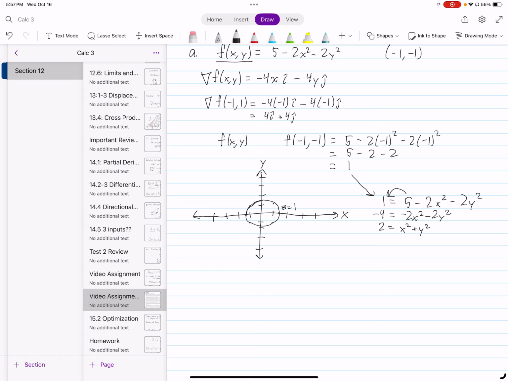And then we should draw the perpendicular vector starting from the point negative 1, negative 1, and going in the direction of the perpendicular vector. That is going 4 up, so 1, 2, 3, 4, and 4 across, 1, 2, 3, 4. So that'll be like that. That is our vector v.